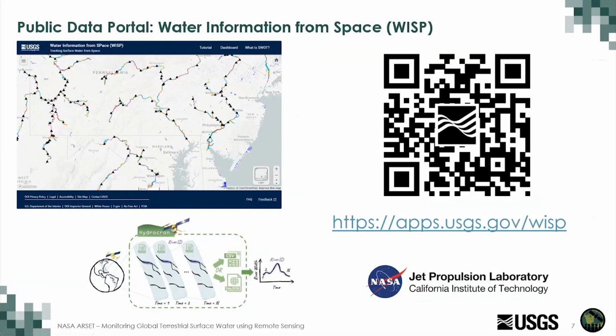Now I'd like to transition to talking more about Water Information from Space, or WISP, this new website that allows folks to go and download data from SWOT across the United States. You're welcome to scan this QR code to directly access WISP or follow along with me at this URL.